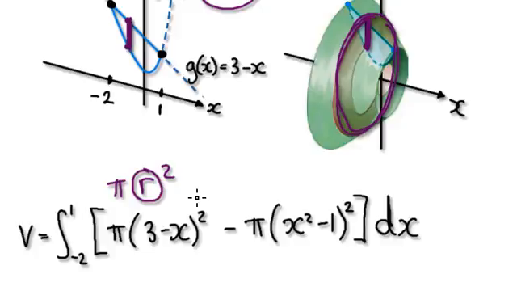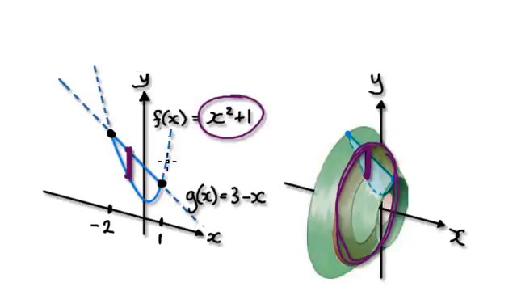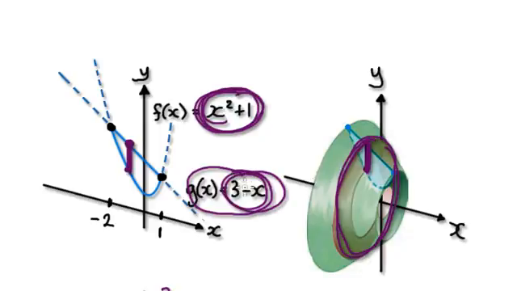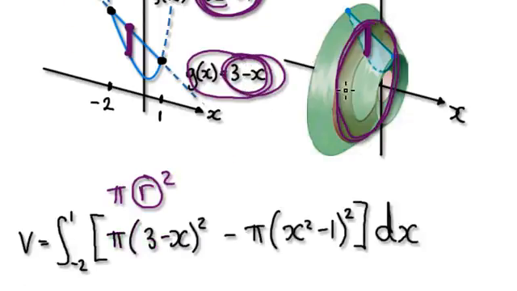The radius of the big circle is not this, because this here is our quadratic. The radius of the big circle would be g of x here. So you put this into here.